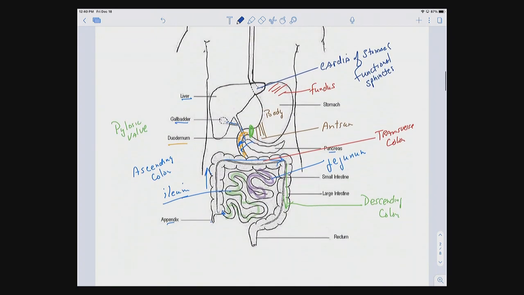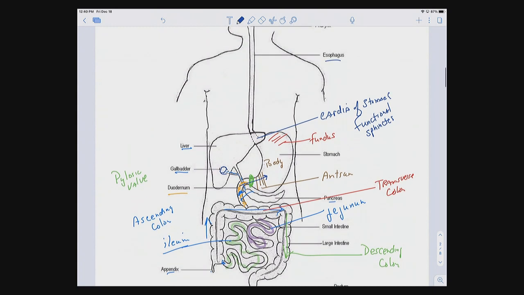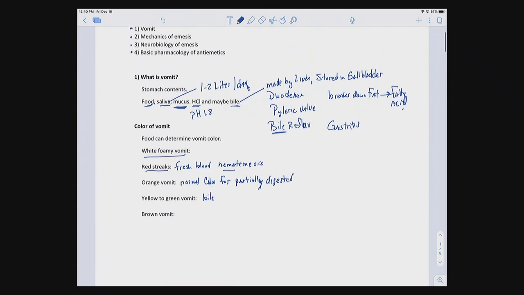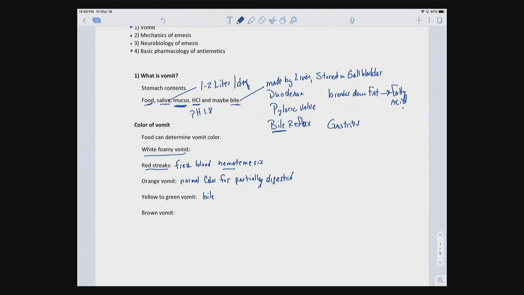So bile reflux would mean that I'm having some bile coming from the gallbladder here, and it's actually going backwards into the stomach. And again, if it's minor, that's not that uncommon. Now, if it's a lot, then that is suggesting several other things here that we'll talk about a little later.